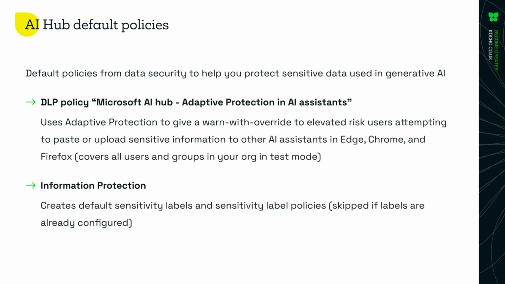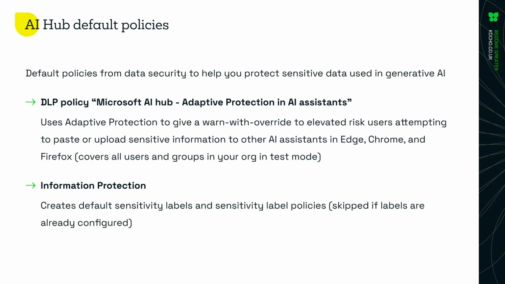There are also a couple of policies around data security that can help as well. There is a policy in DLP that can be enabled that will bring in adaptive protection. I'm going to speak about this a little bit later on, but the adaptive protection in DLP feeds from information from insider risk management, and the default policy puts in a warning, but with an override, if you are doing sensitive uploads or pasting sensitive information into these other assistants.